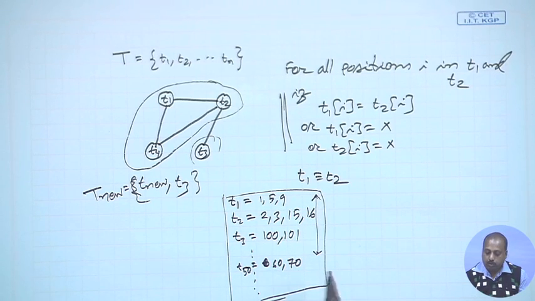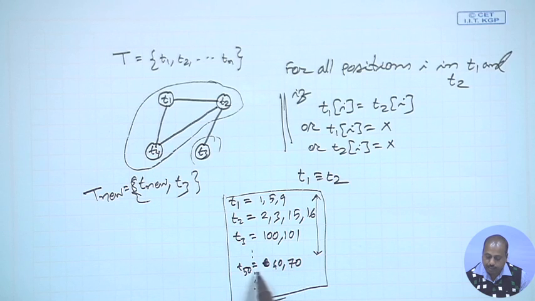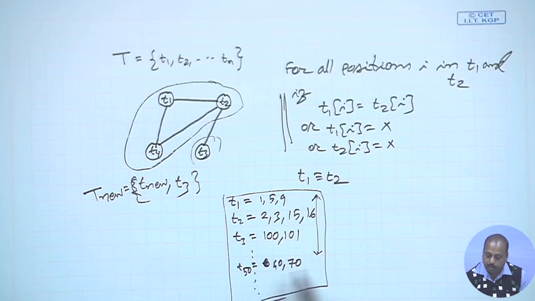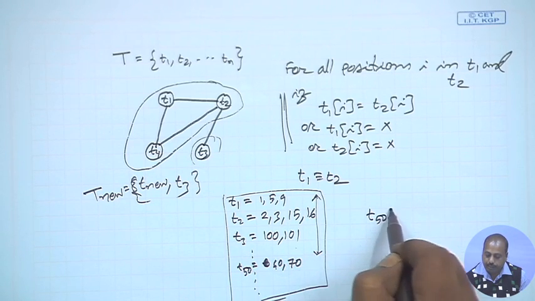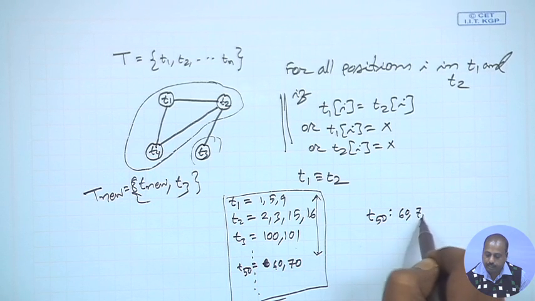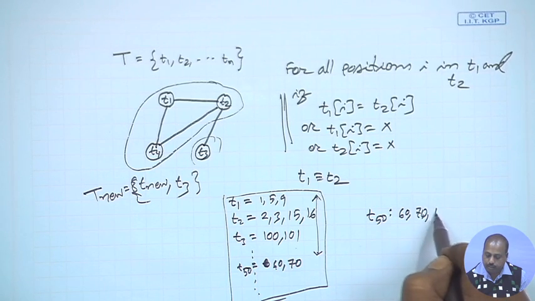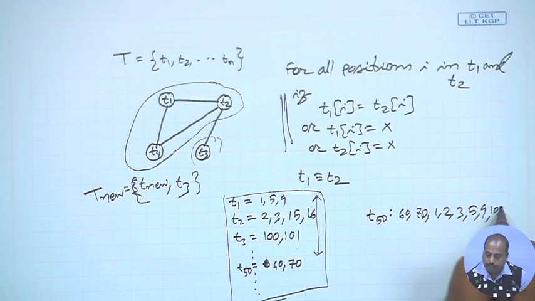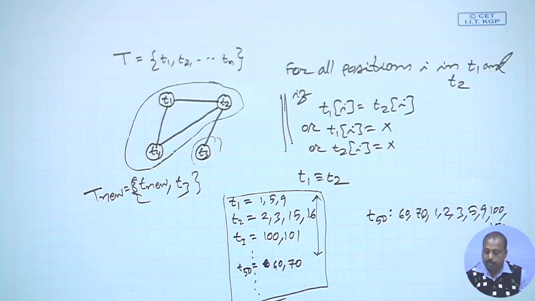Apart from 60 and 70, this T50 may have the potential to detect some of these previously detected faults as well. If you do a fault simulation of T50, you may find that T50 detects not only 60 and 70, but also faults like 1, 2, 3, 5, 9, 100, 101. So, it may have the potential to detect all these faults.